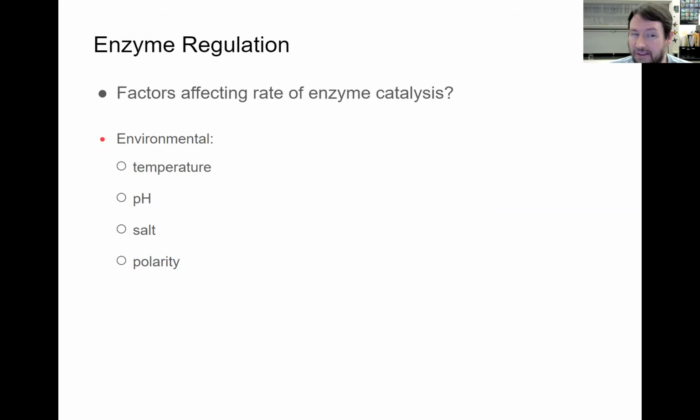So these could be environmental factors like temperature or pH or salt or solvent polarity. So any of these things could cause an enzyme to work better or worse. And usually if it's changed too much from the ideal, the enzyme will not work at all.